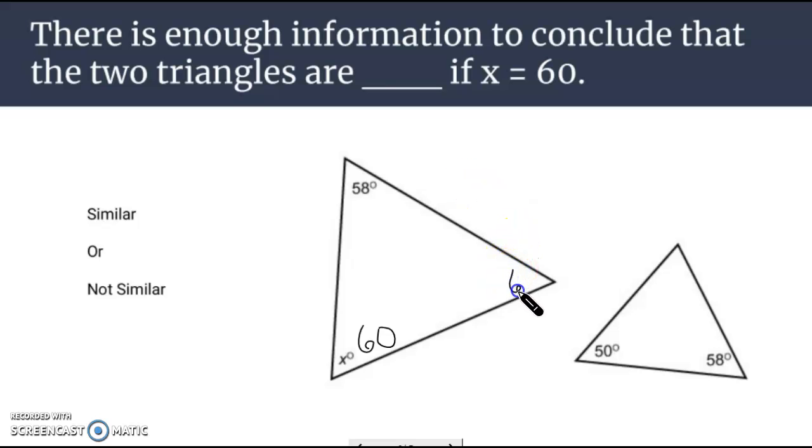That means this missing angle measure is 62. And it doesn't look like we're going to be similar here. Let's figure out the missing angle on the second triangle just to be safe. 180 minus 50 minus 58 gives us 72. So yep, it looks like they only have one angle in common, but the AA criterion says you need two. So these are not similar.